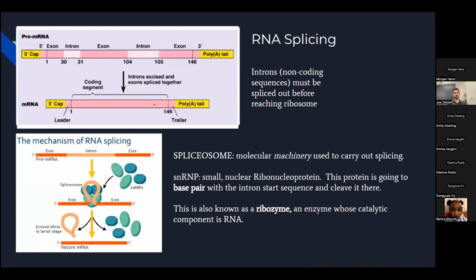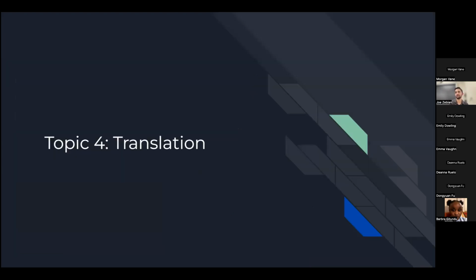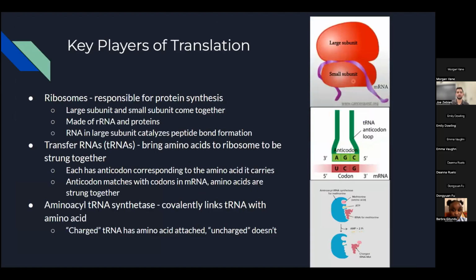So ribozymes are enzymes whose catalytic component is RNA. So they cut the RNA to splice out introns. They are a form of cellular machinery that just cuts introns out, also known as the spliceosome. Any other questions here?